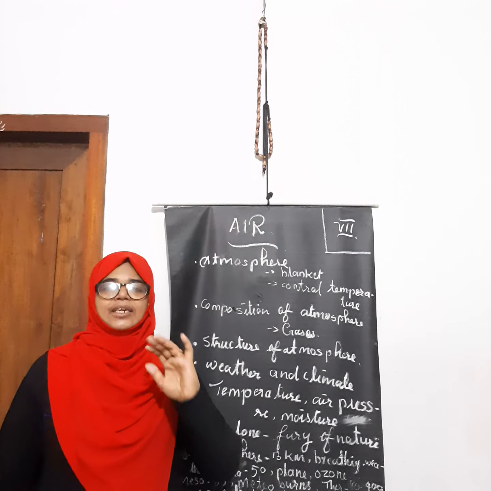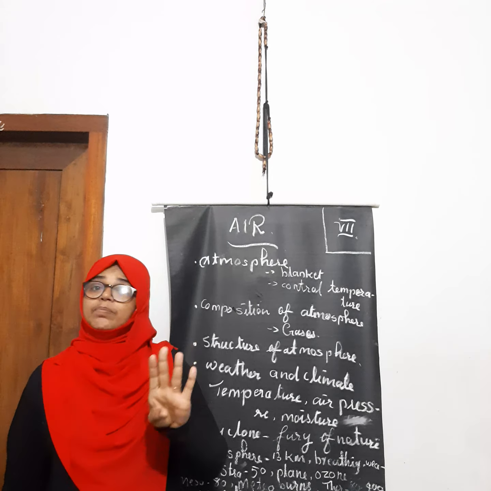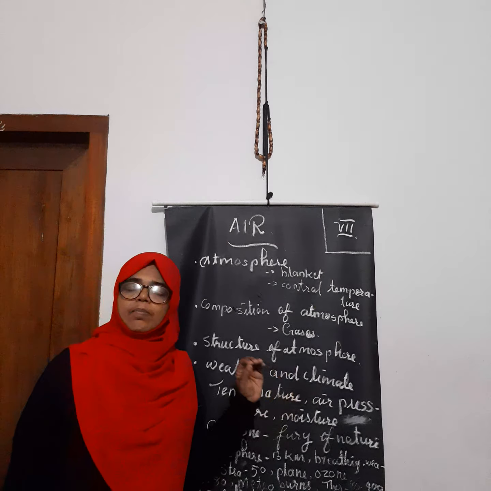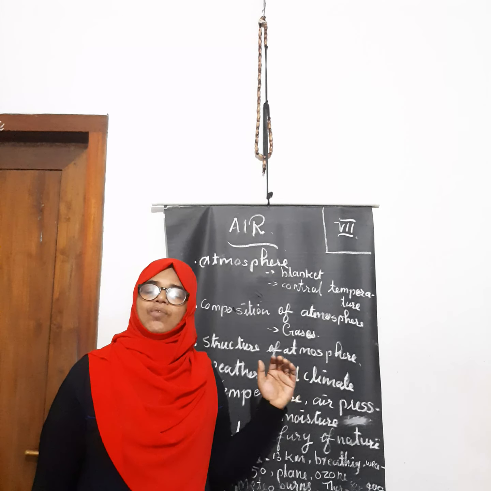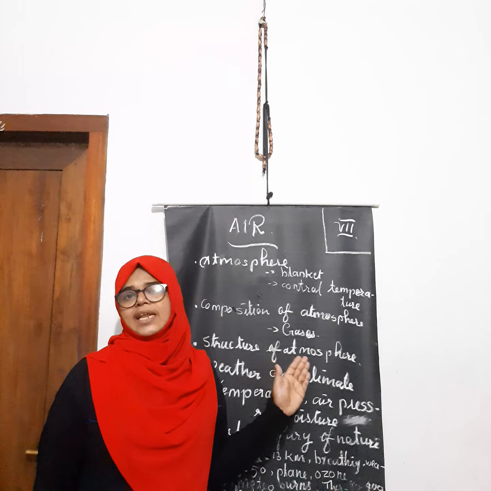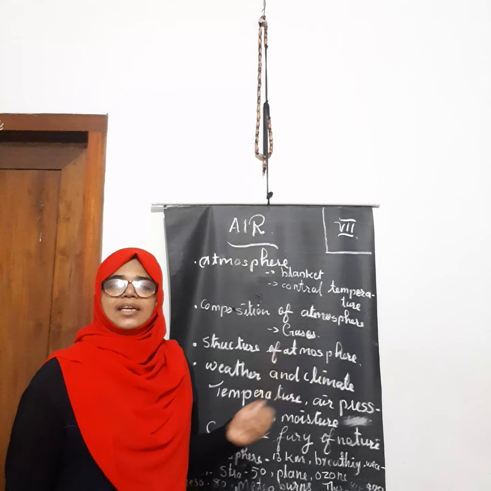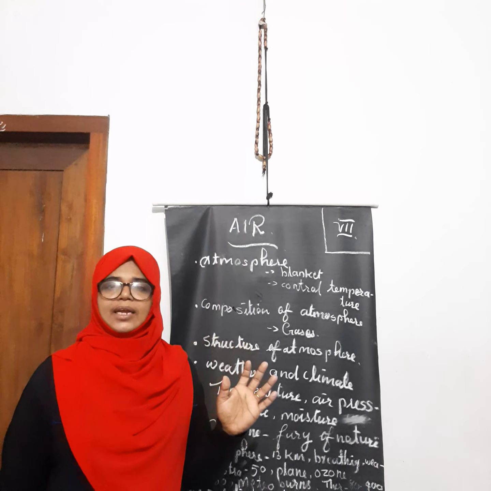Once again: troposphere, stratosphere, mesosphere, thermosphere, and exosphere. And what is the importance of these different layers, and what is the width, how many kilometers does each extend? Everything is clear. Do you have any doubt? Feel free to ask me again.